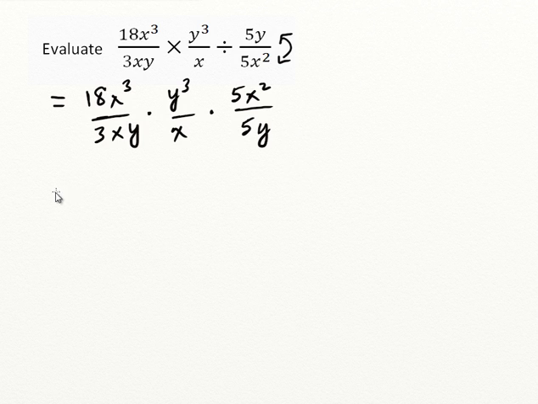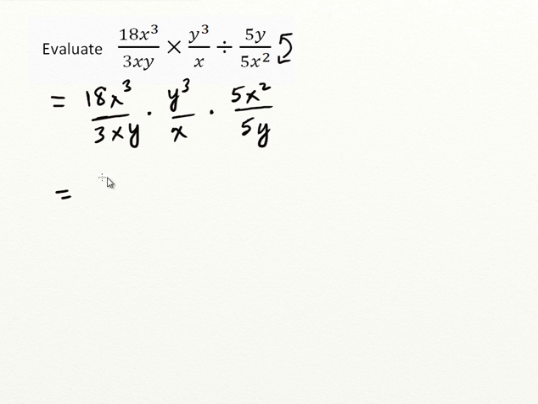Okay, now what's the rule for multiplication? Well, it's quite simple. We just multiply top times top times top, and bottom times bottom times bottom. We'll look at the coefficients in front first, and we see that we have an 18 and a 5. Well, if I multiply those together, 10 times 5 is 50, and then 8 times 5 is 40.